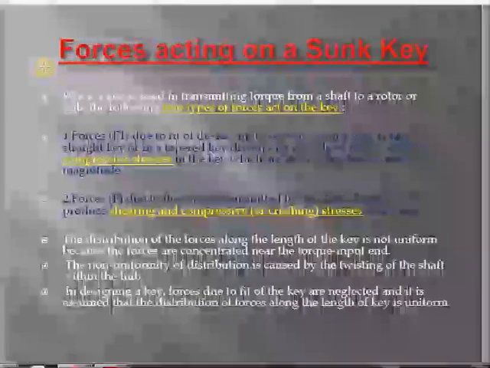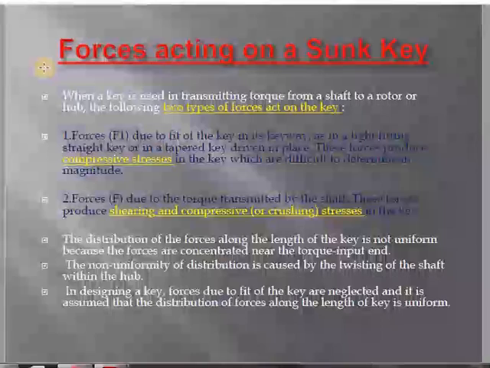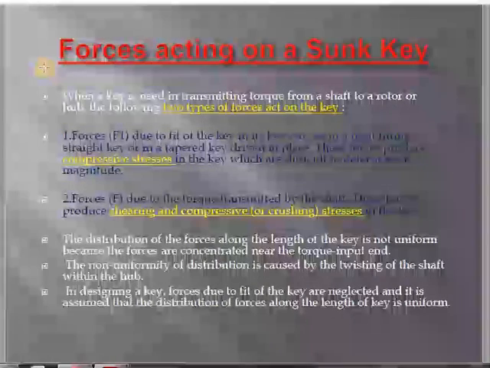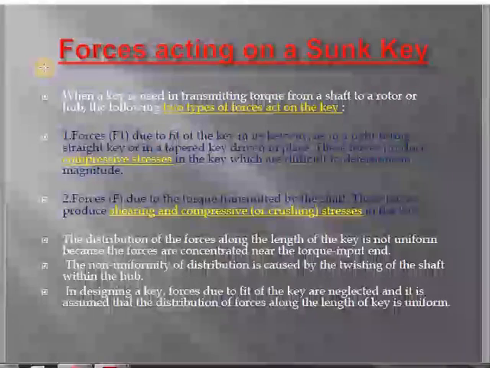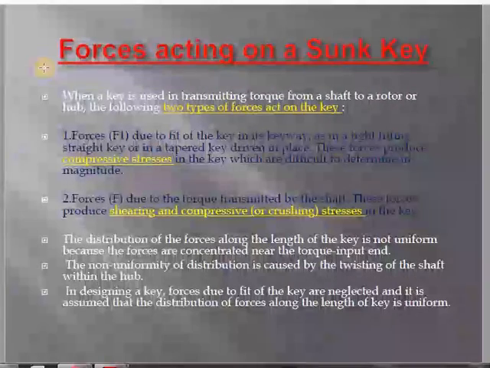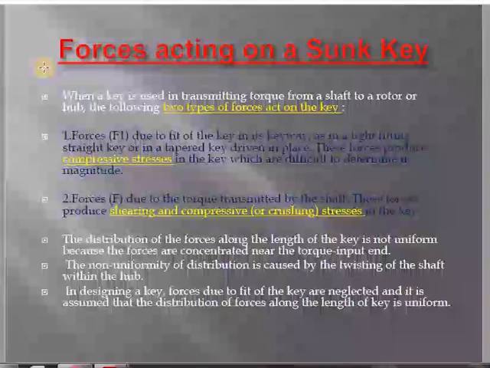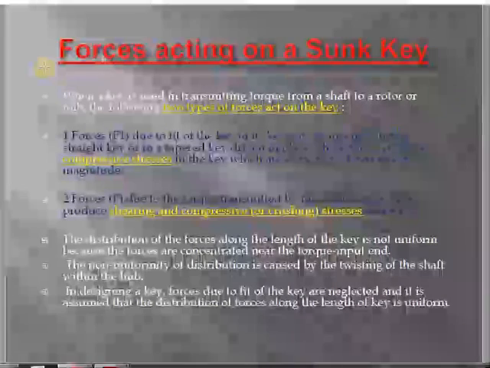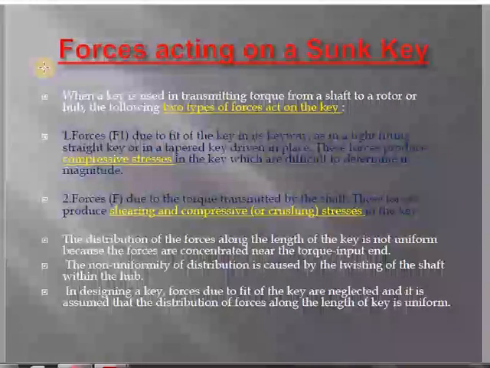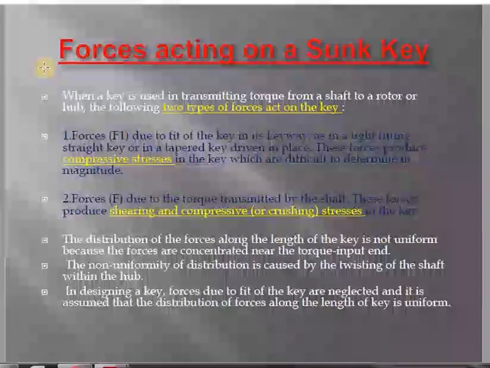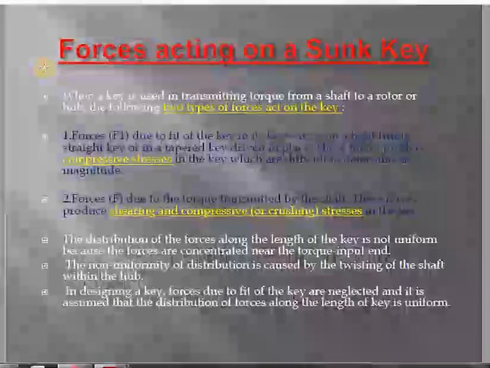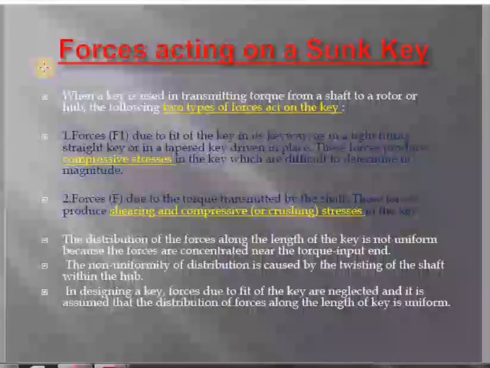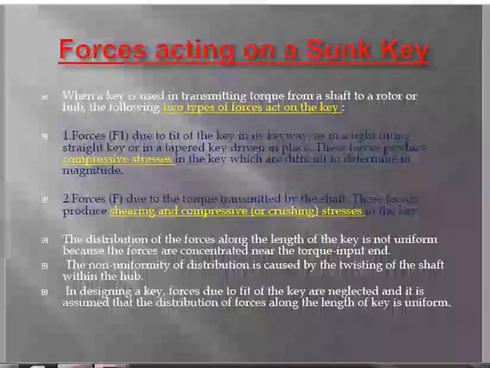One is compressive stress, and the other is shearing and compressive stress, which we call crushing stress. The compressive stress is due to the tight fitting of a straight key or a tapered key driven in place, and the crushing stress is due to the torque transmitted by the shaft. So these are the two forces which act on the keys.